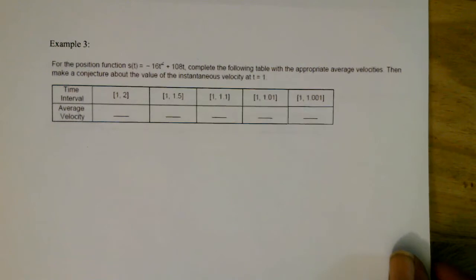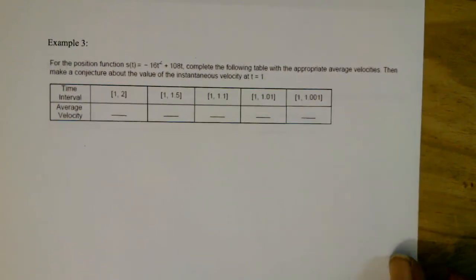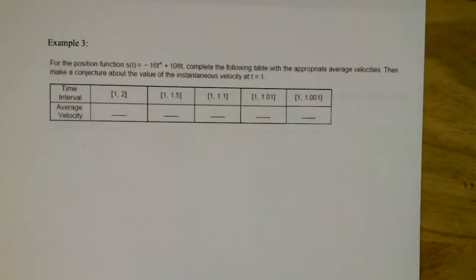Okay, so this is just going to be an illustration of what limits are. Because when we're dealing with limits, we're not going to find an exact answer. We're going to find a value that this function would get closer and closer to when t approaches some fixed given value.